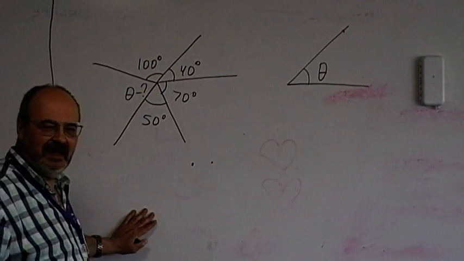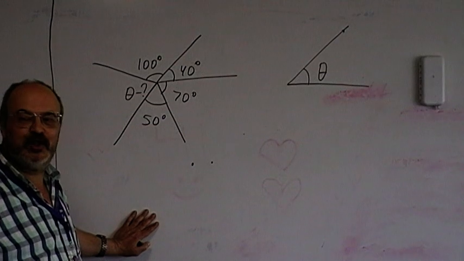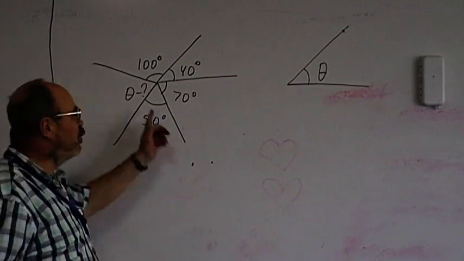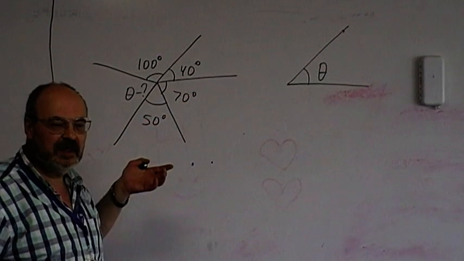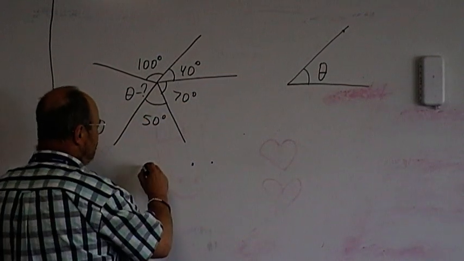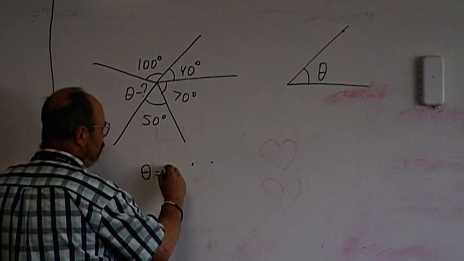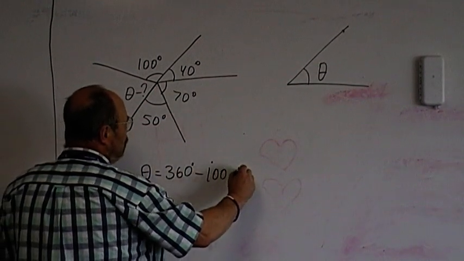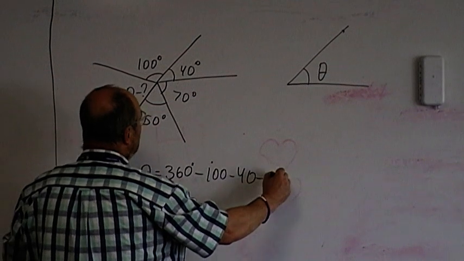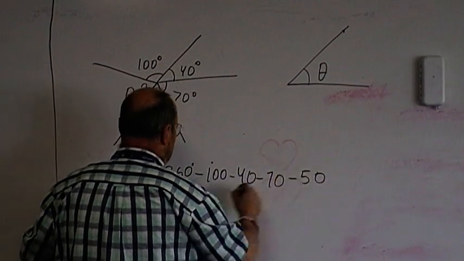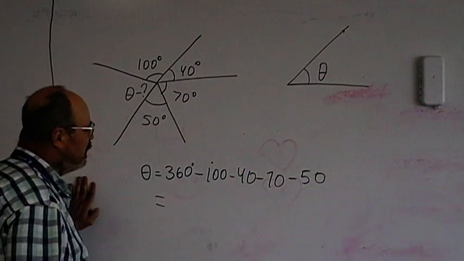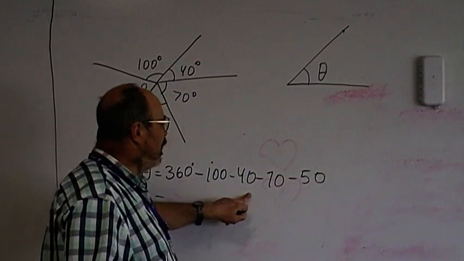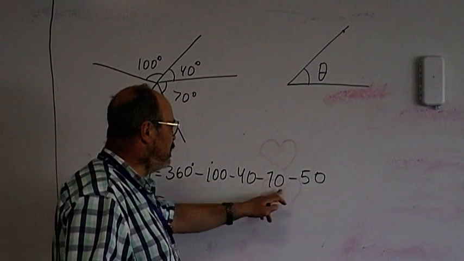They all together should add up to 360. So to find theta, we need to do 360 minus 100 minus 40 minus 70 minus 50.